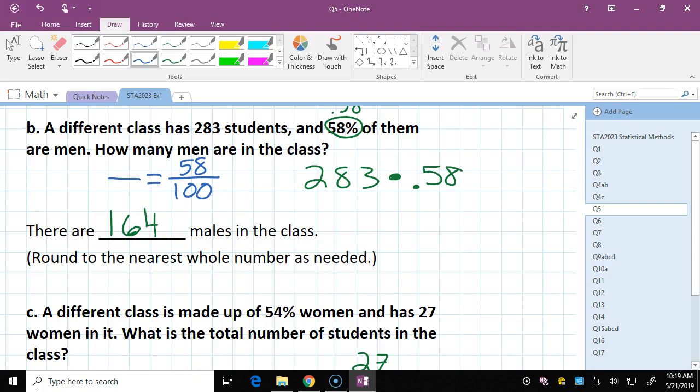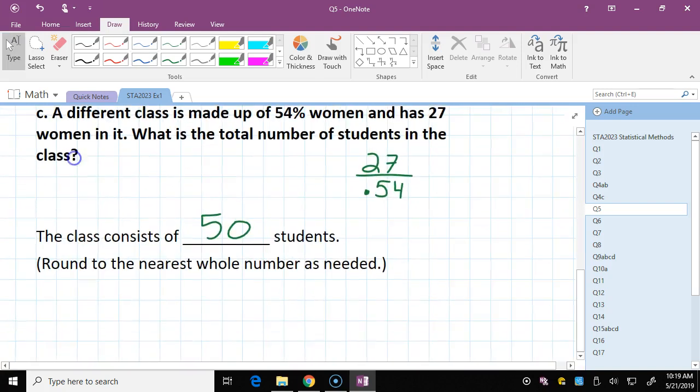Do we know how many men are in the class? That's X. So we don't know the part. Do we know how many people are in the class? 283. Cross multiply and solve real quick, you get the same answer.